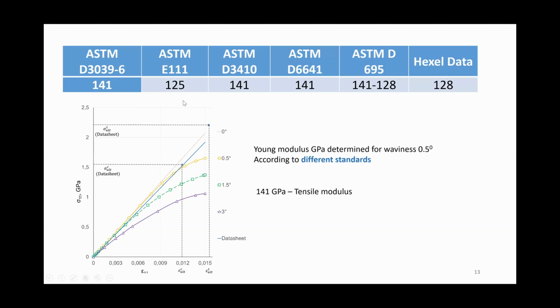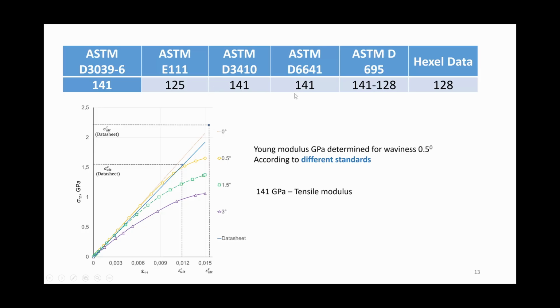And it's very interesting fact that we have different standards to determine compression Young modulus. And for this curve, 0.5 degree of waviness, we obtained using these standards, using this curve, Young modulus. And you can see that 141 gigapascals, it's a tensile modulus.